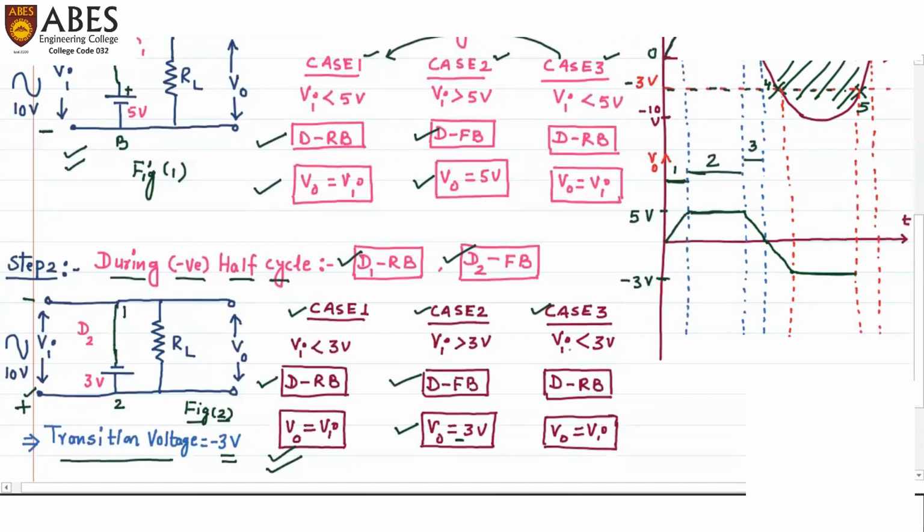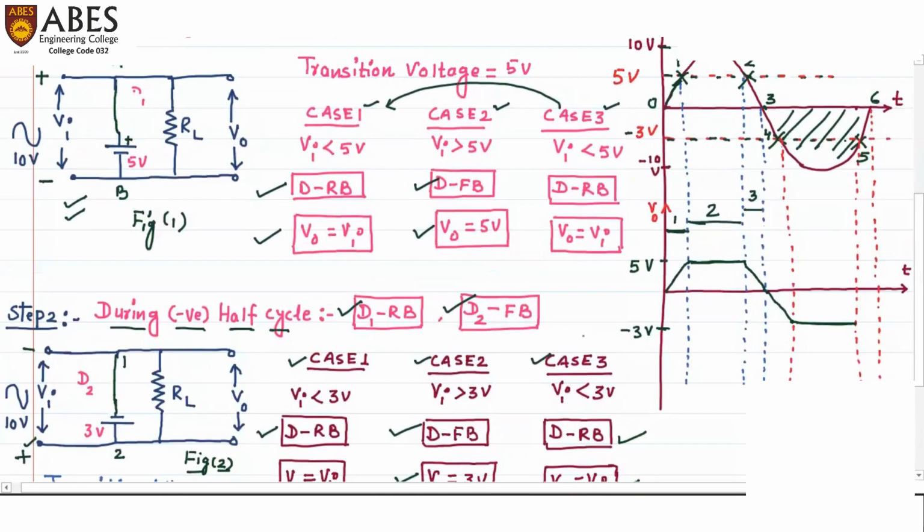In case number 3 also, the diode will be reverse biased, the same we have discussed in case number 1. And the output voltage will be equal to Vi. So let's see how Vi is during case number 3. The Vi at point 5 is minus 3 volt, and it is ending at point number 6, that means at 0 volts.